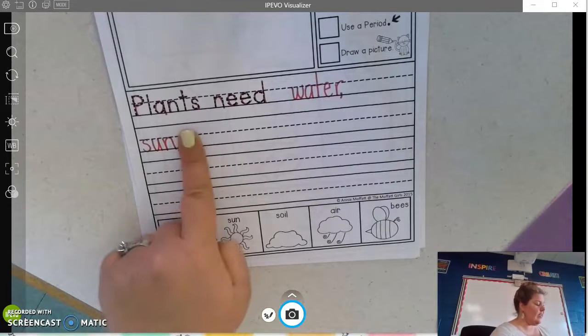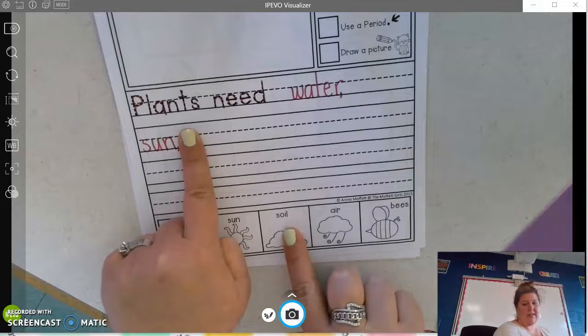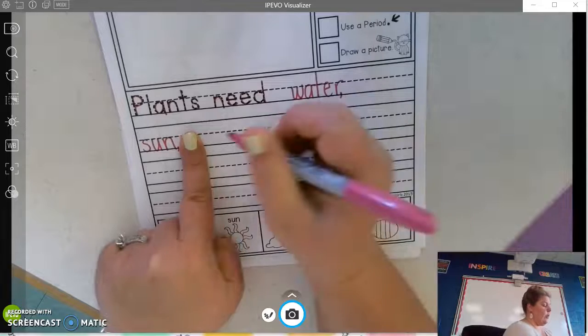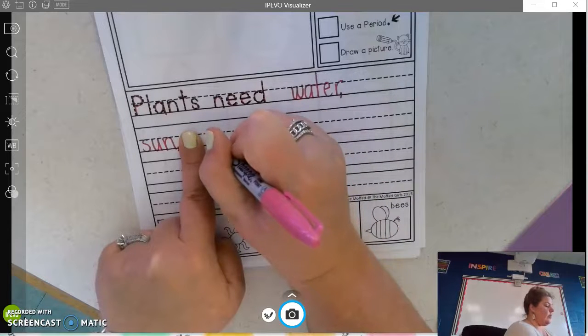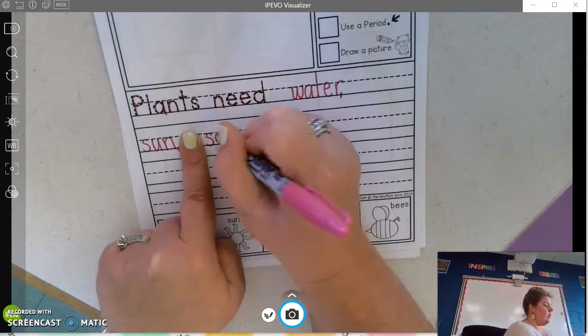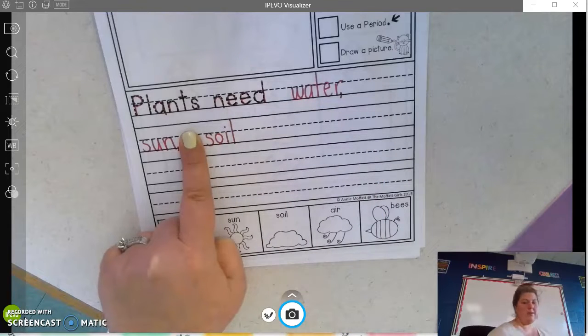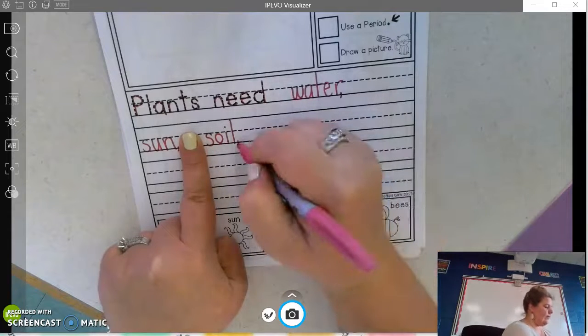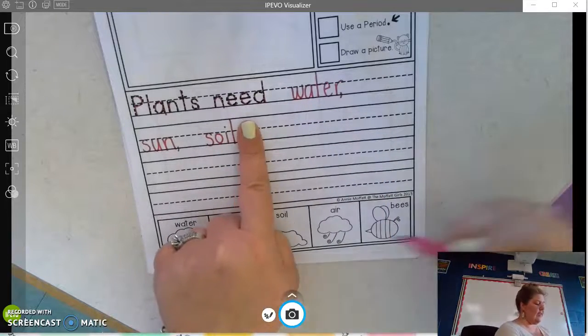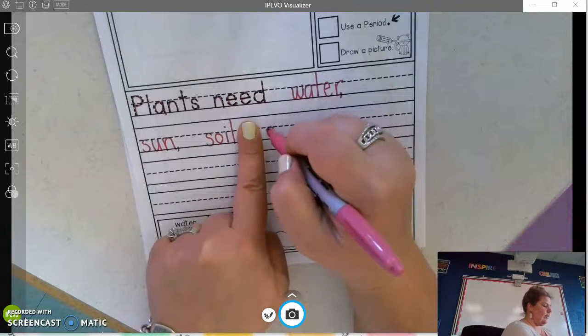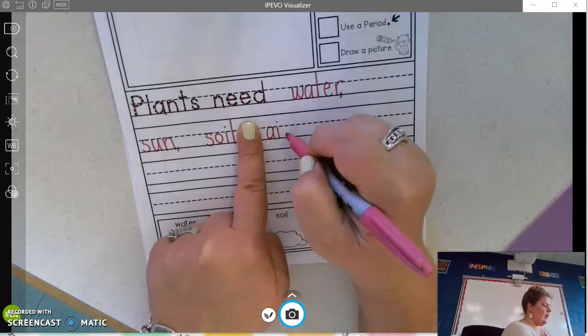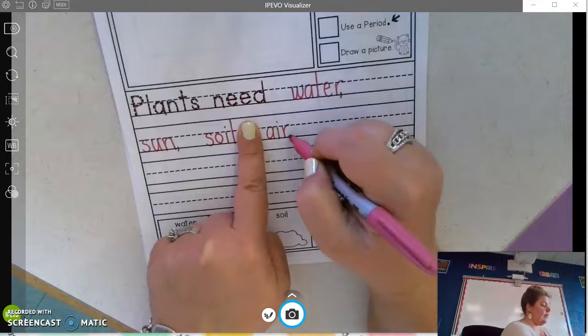Putting my finger down. Now my word is on this side of my hand. Soil. Another word for soil is what? Dirt. Soil, another comma. Putting my finger down, air. A-I-R, another comma.